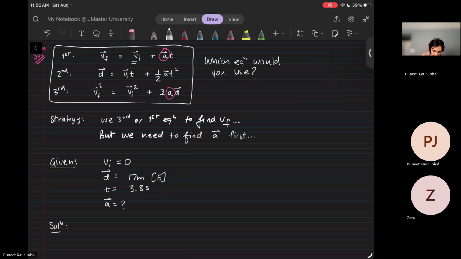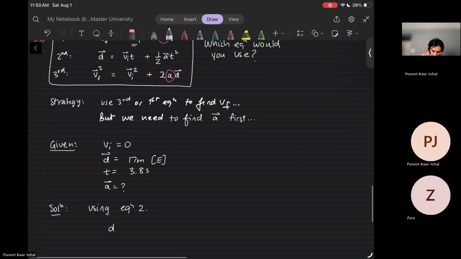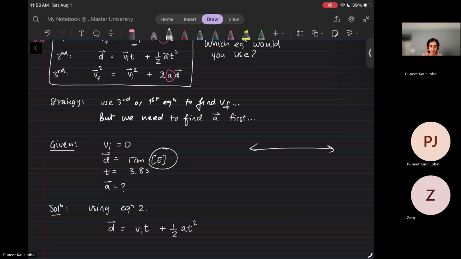So let's do the solution using equation 2. Equation 2 says displacement is v initial t plus half a t squared. Now, it's just left and right, and because displacement is in this direction, let's just consider east to be our positive direction, and west could be negative, okay?